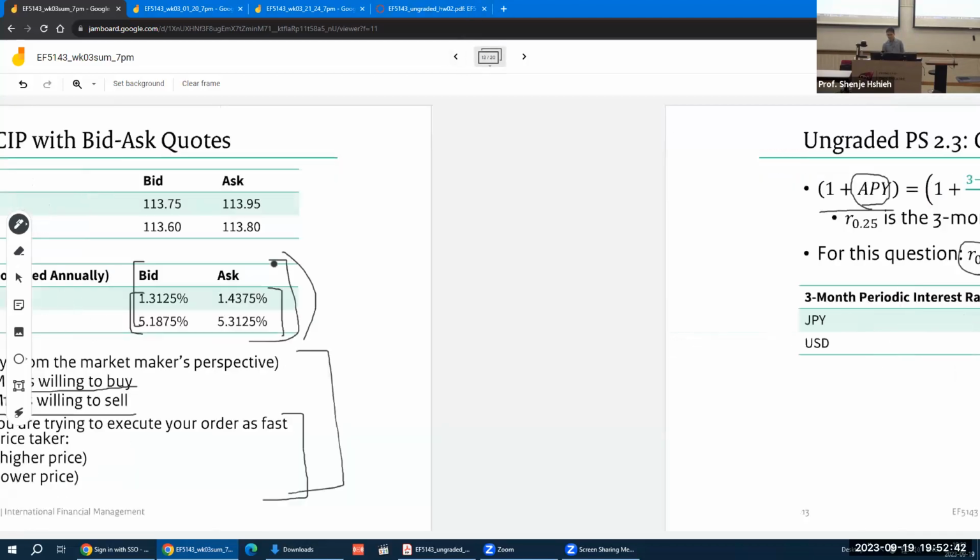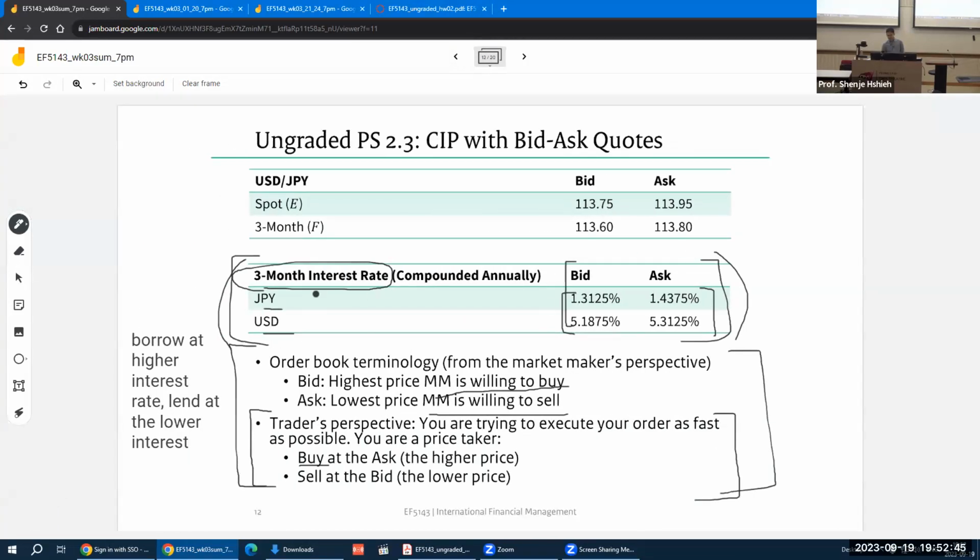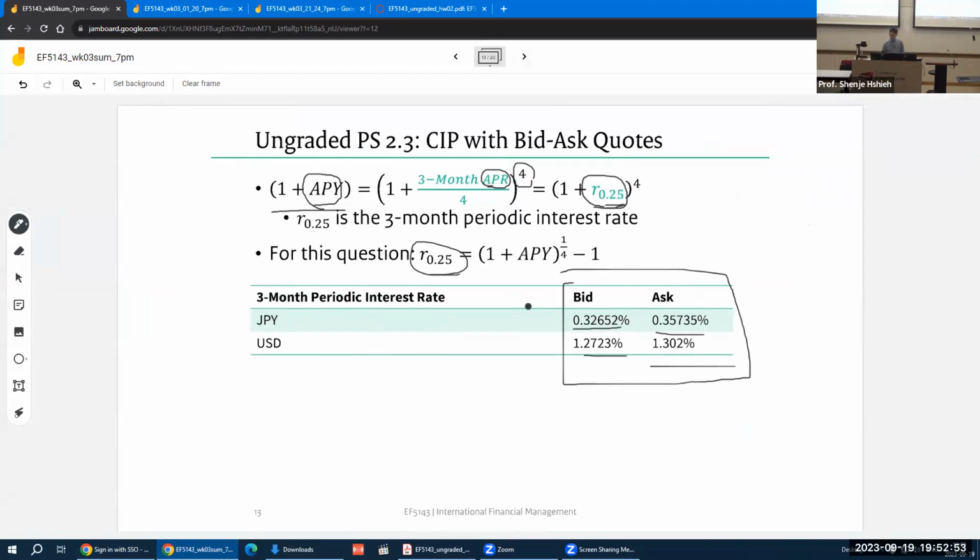So remember, I'm looking at this table here. Okay, these are 3-month APRs. These are compounded annual percentage rates, yields, and I'm converting them to 3-month periodic rates to apply the CIP, covered interest rate parity. In the question, you are given 3-month APR.